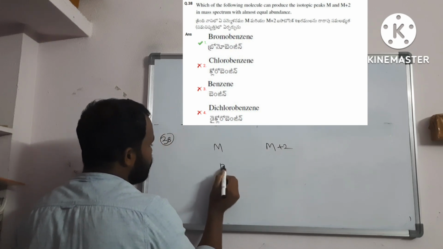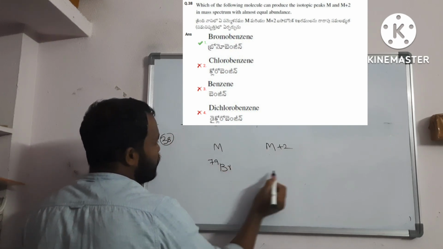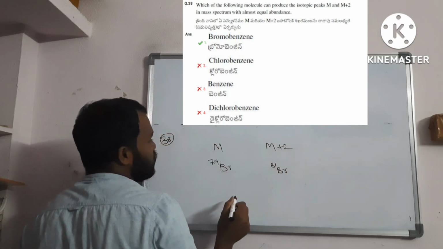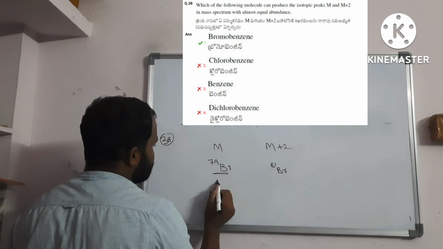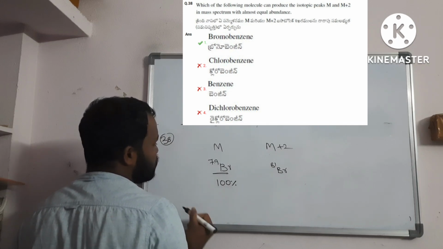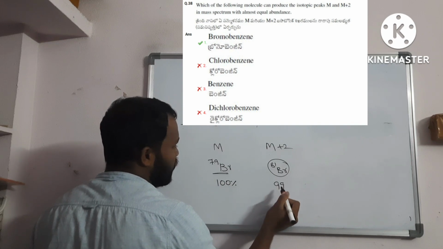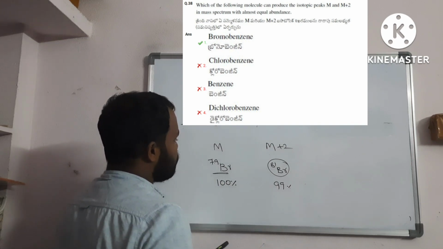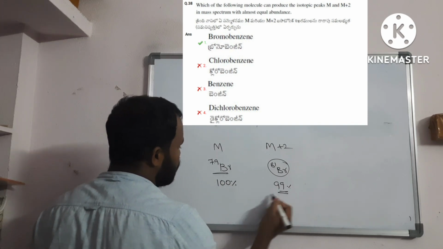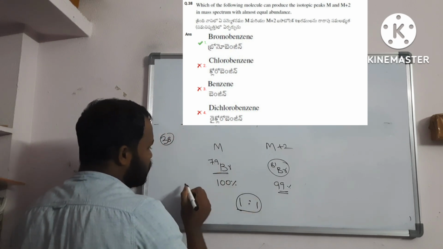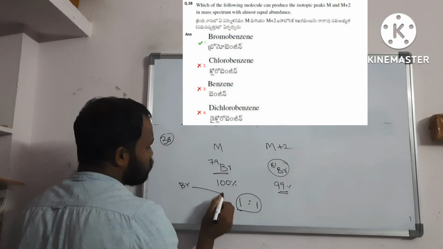So for bromine 79 and bromine 81, that is 79 plus 2 is 81. So bromine 79 is 100%. Bromine 81 is almost 98 or 99%. So it is almost equal to 100. Hence we can say whenever isotopes of bromine are present, they should be in the ratio of 1:1.